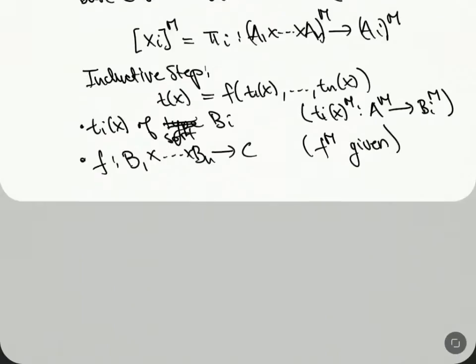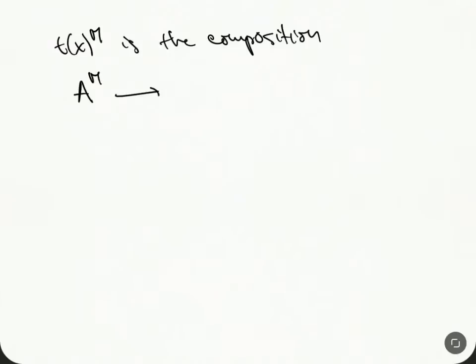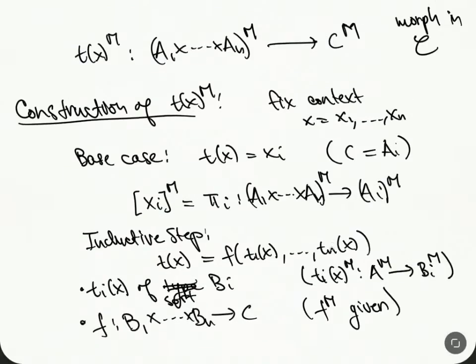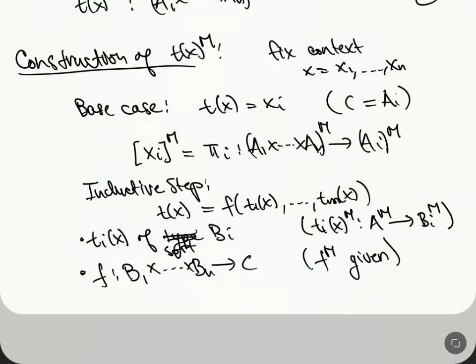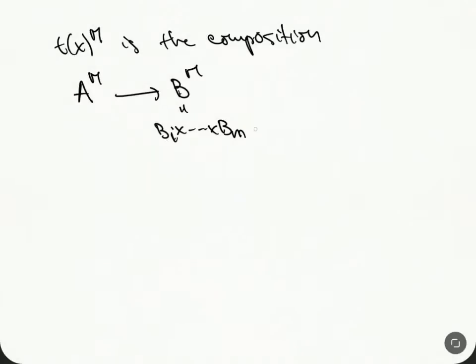And now t x to the m is the composition, so here from A to B to the m. So this thing is B1 cross through Bn. Let's see, n and m should not be the same because in general they're not. So here to Bm.